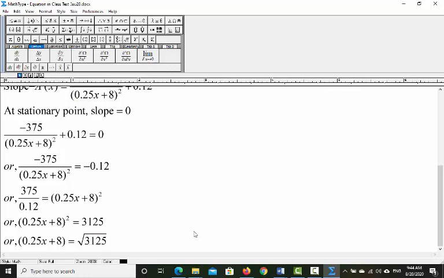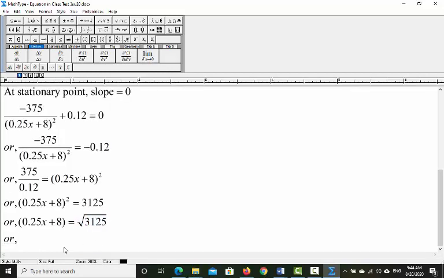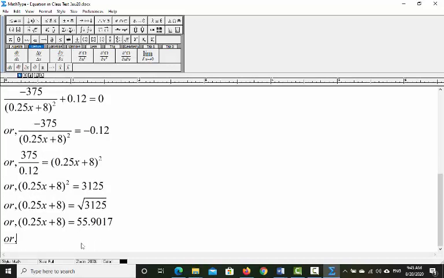So root over 3125 means 55.9017. Right, it's correct.